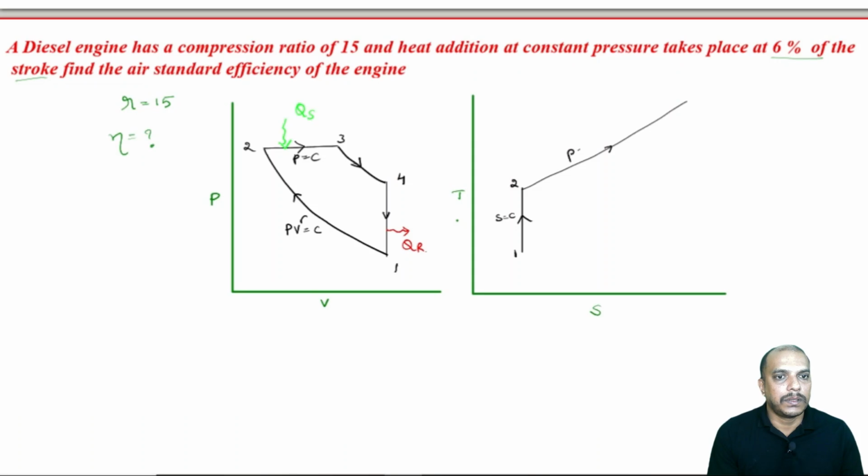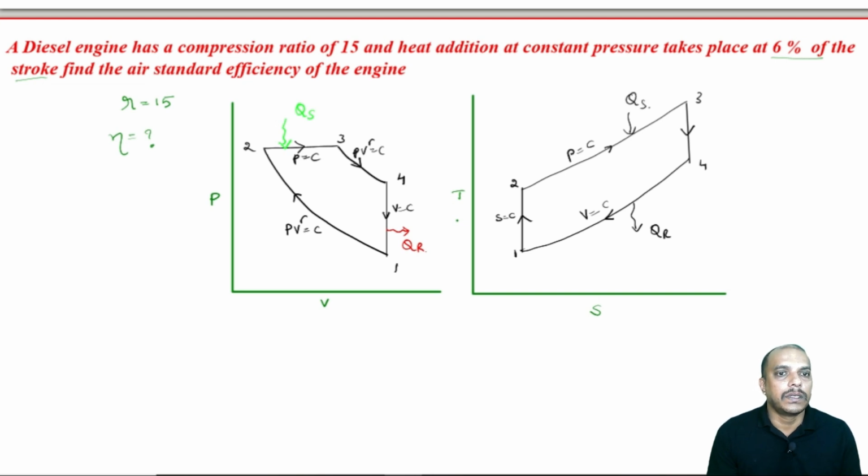Then 3 to 4 is again an isentropic process, reversible adiabatic. Then we will have 4 to 1, where it is constant volume. So, this is where heat is rejected, and this is where heat is added.